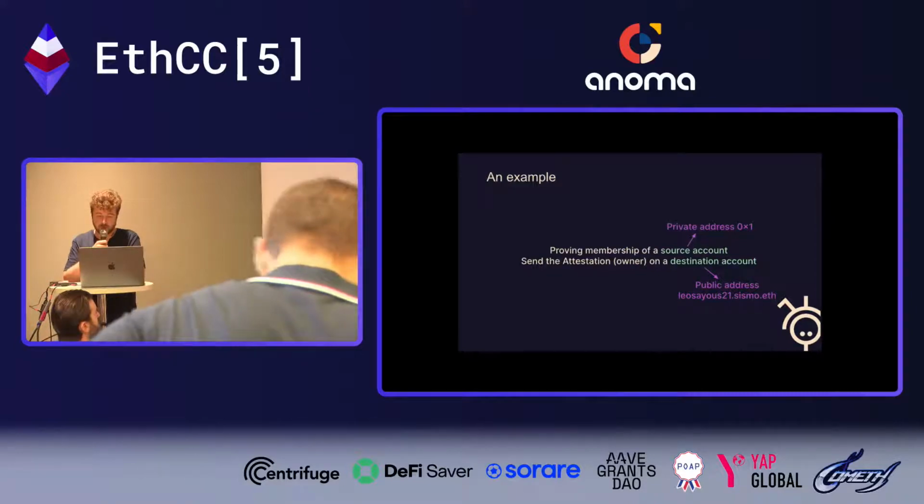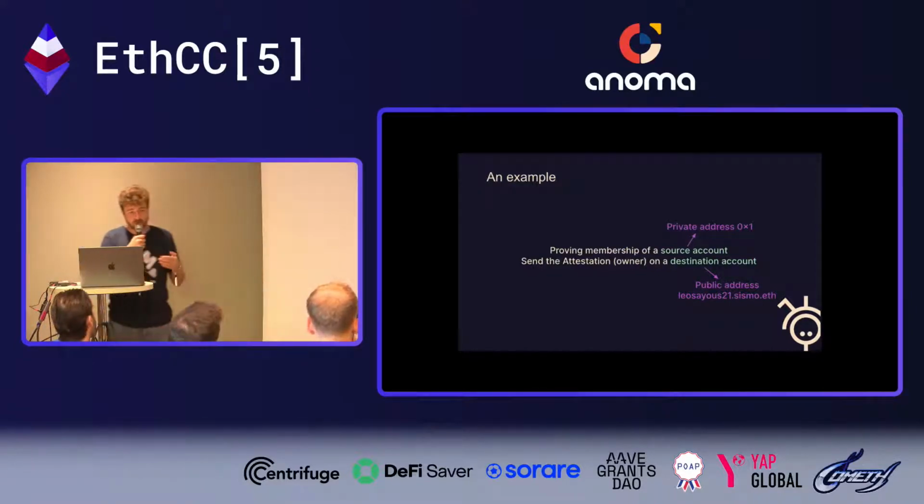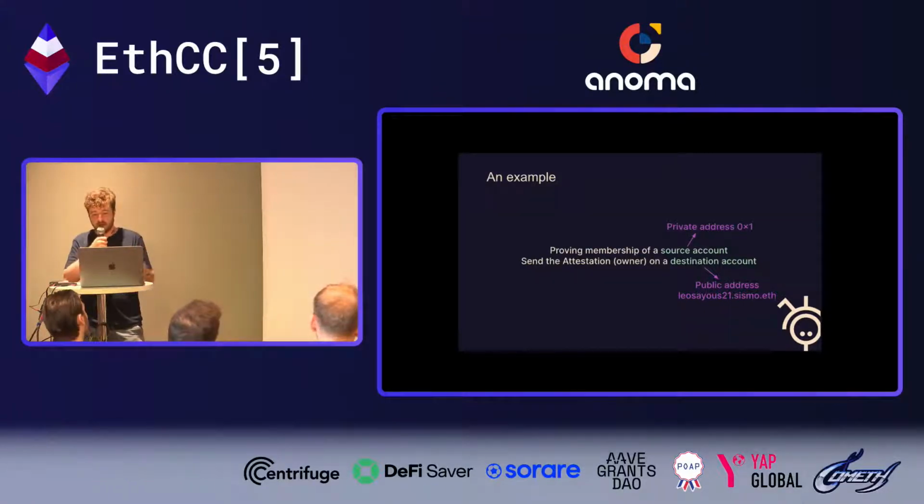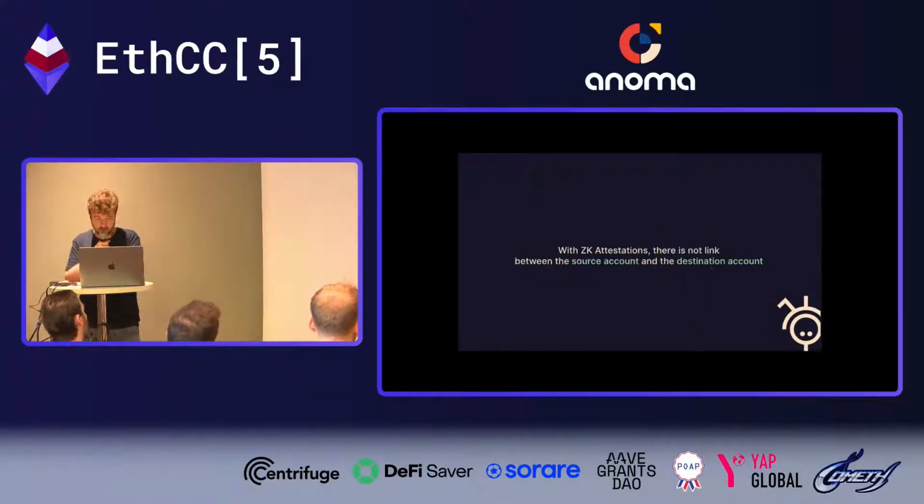So for instance, if you want to prove that you did a lot of transactions on Ethereum, or you have more than, I don't know, 1,000 Ethereum on your private addresses, you can put this attestation on your public address. So with ZK attestation, there is no link between the source account and the destination account. This is what is interesting about ZK attestation.